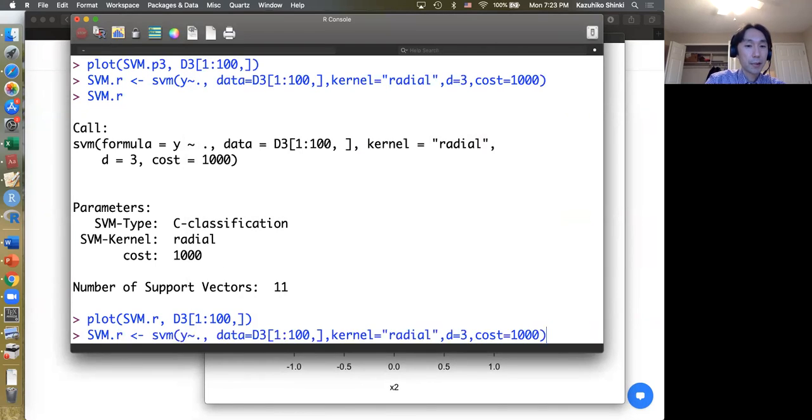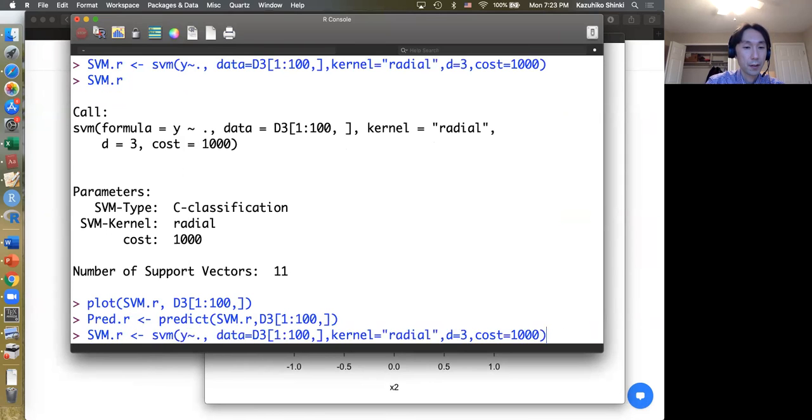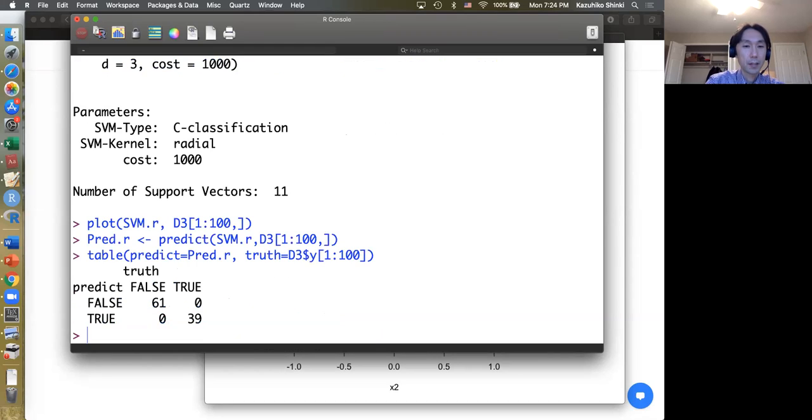If we make a table, at first we calculate the predicted value. Then the table, you can see perfect separation.